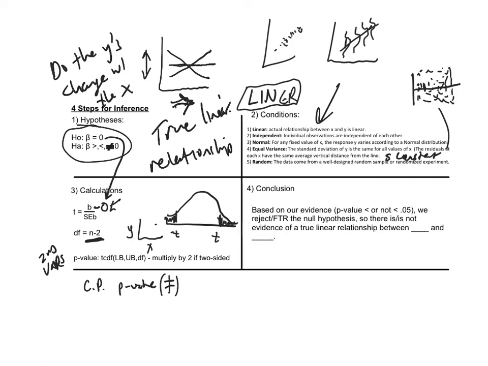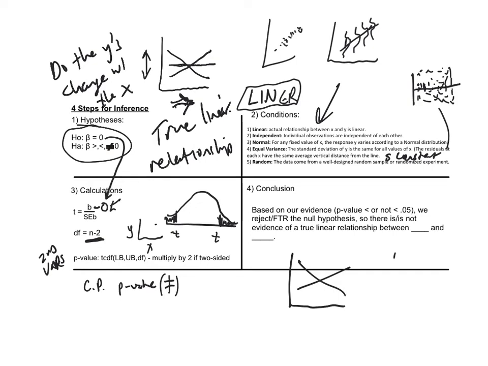Conclusion is very much the same. The first part is, is p less than or not less than 0.05? We reject if it is less than, we fail to reject if it's not. If we do reject, that means there is evidence of a true linear relationship between height and weight, which means the slope is something other than the hypothesis, which is typically 0, and could be positive or negative.